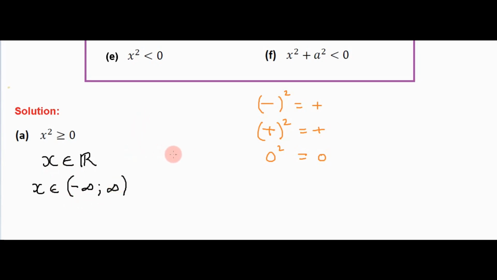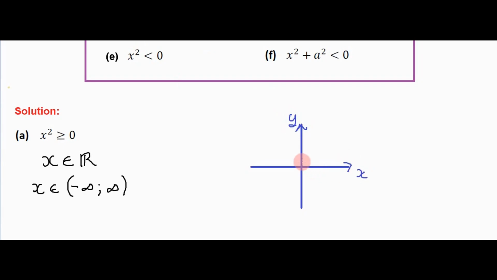Now, to get more insight into this inequality, let's look at it from a graphical point of view. So we're going to draw the graph of y equals x squared. So let's do that. We know that the graph of y equals x squared is a parabola, and it looks as follows. Something like this.